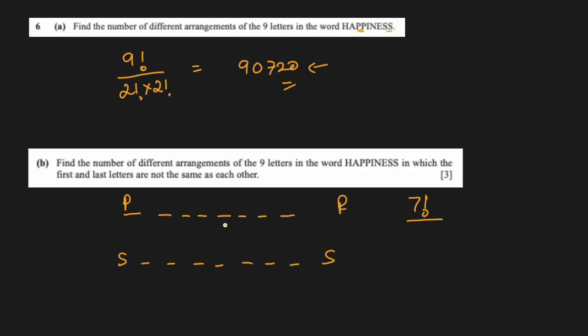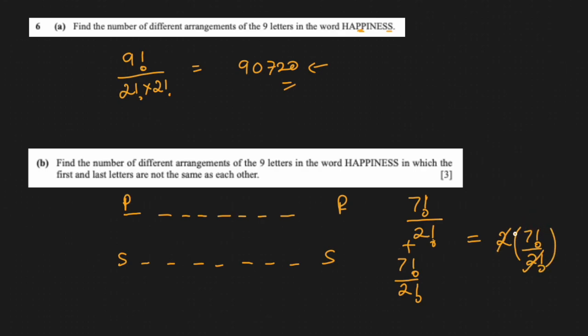The remaining 7 can be rearranged. But among these 7, there are 2 S's. So we have to divide by 2. Similarly, here in case of S also, it will be 7 factorial divided by 2 factorial. So if I add these two, they become 2 times 7 factorial over 2 factorial. Actually 2 factorial is 2, so we can cancel.